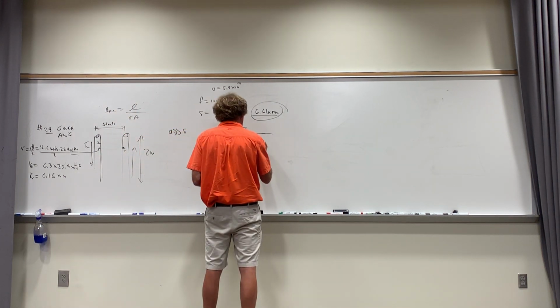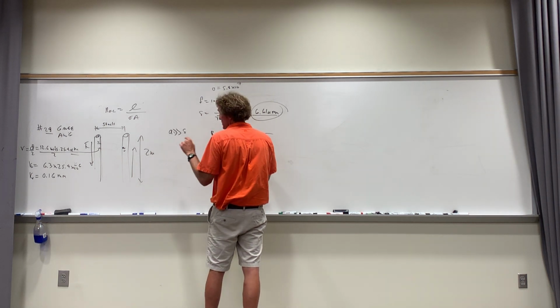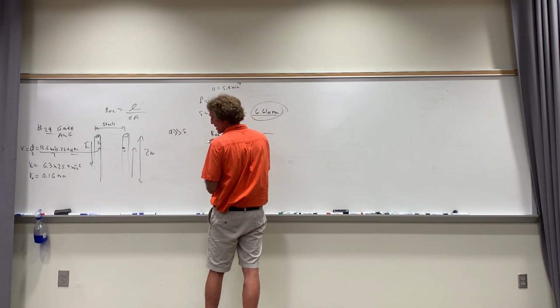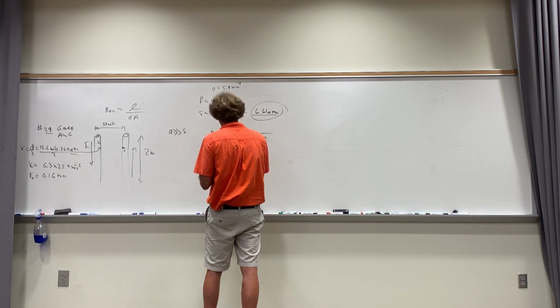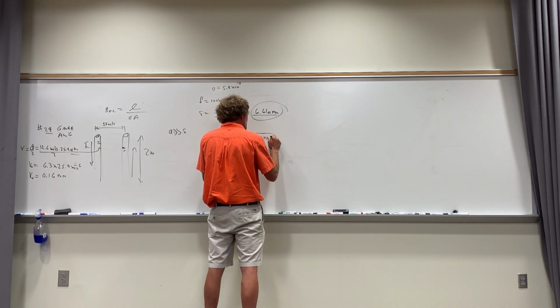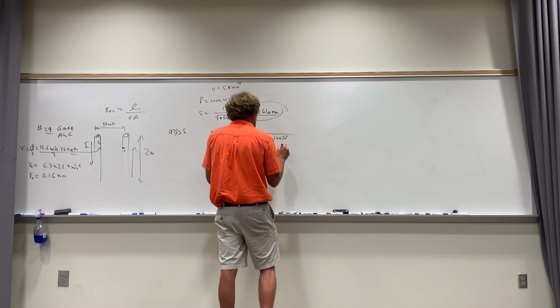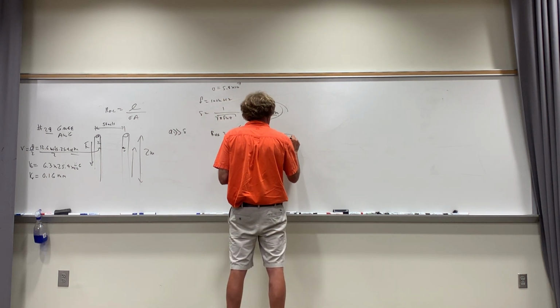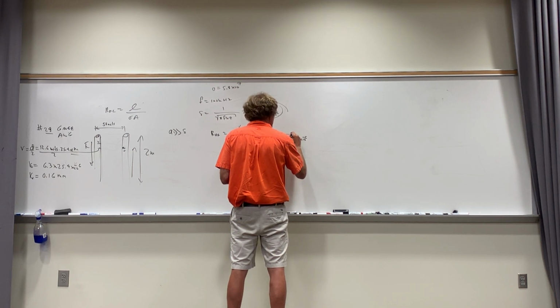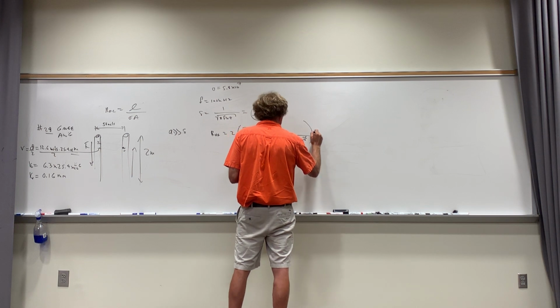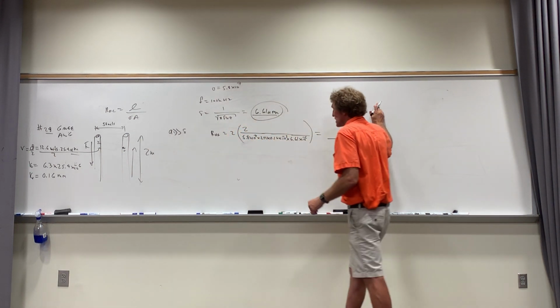So it becomes times 2 pi, radius of the wire 0.16 times 10 to the minus 3, times the skin depth, 6.61 times 10 to the minus 6. And that's the high frequency resistance. Can you punch that out for me, people?